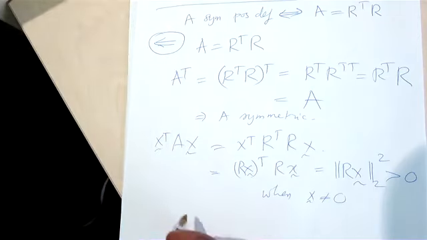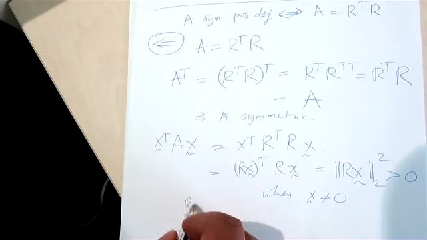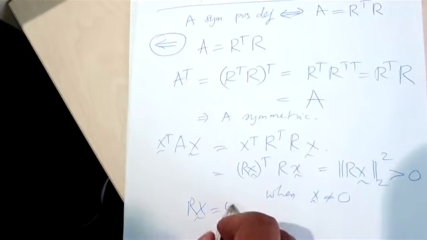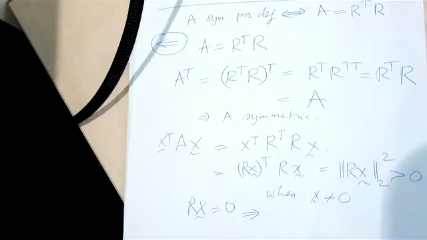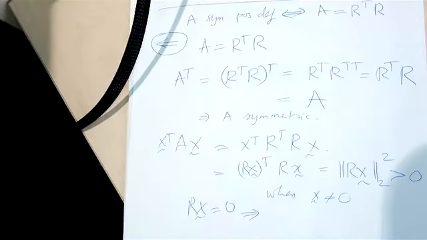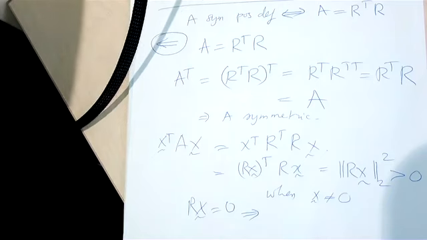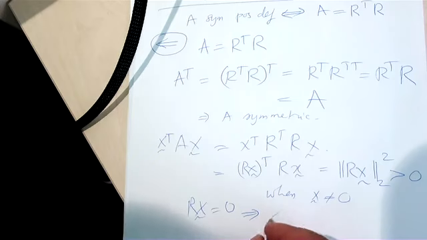And when Rx equals 0, because the matrix R is upper triangular and all the diagonal entries are positive, it's invertible. If you remember, for an upper triangular matrix you can compute the determinant by taking the product of all the diagonal elements, so it's non-singular. Therefore Rx equals 0 implies x equals 0.